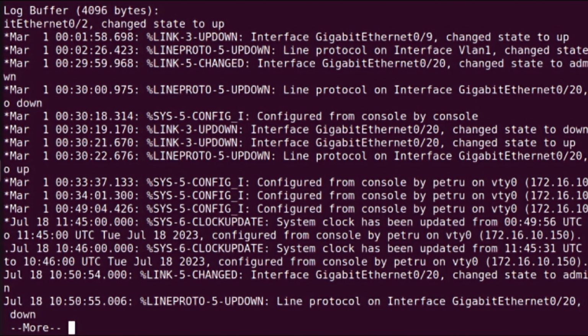An NMS focuses on monitoring device health and performance, though some NMS platforms can also collect and analyze logs. Whether it's a server, switch, router, or firewall, logging is essential for troubleshooting, security, auditing, and compliance. The key is choosing the right logging level for the situation and avoiding unnecessary verbosity in production.